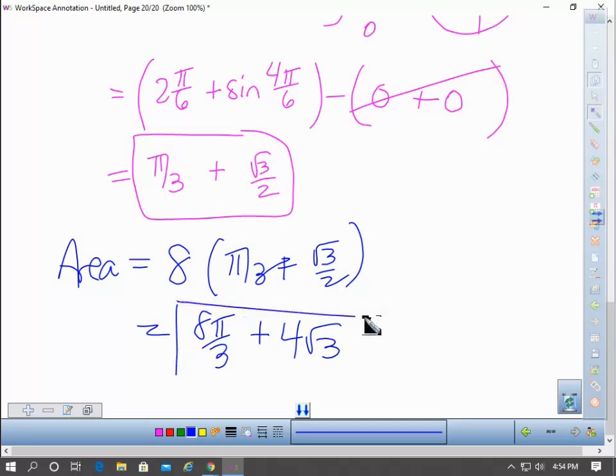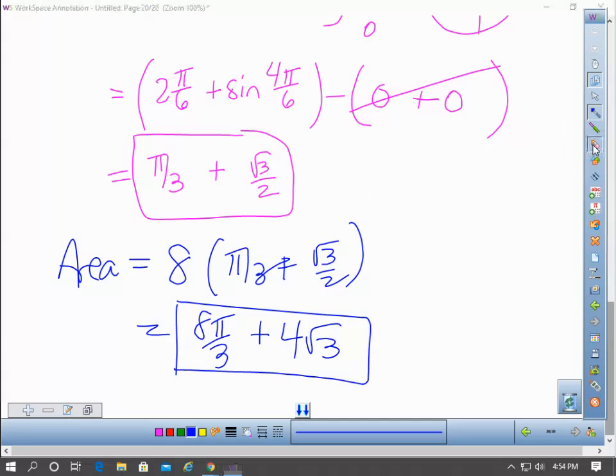So that is my final answer to the question on the area outside the circle, but inside that 4-petaled rose. So think of patterns and ways that you can get the areas a little easier, like finding a portion of it and then doubling or multiplying by 4 or however many pieces there are.